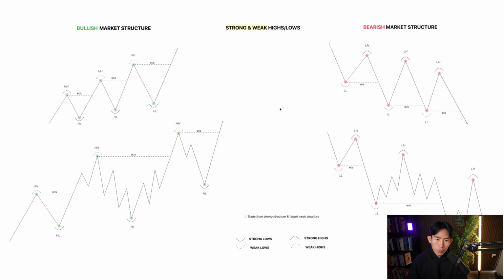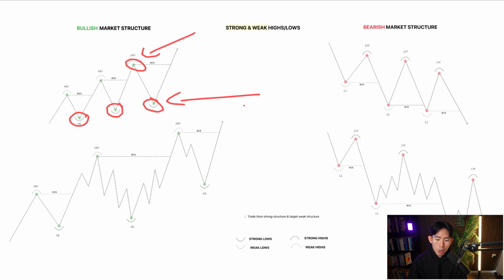So in this case, in a bullish market structure, you want to trade from strong structure and target weak structure. So I want to look for longs at all of these strong lows, and I want to target these weak highs. Now, the reason why we call them weak is because this is where the break of structure happened.